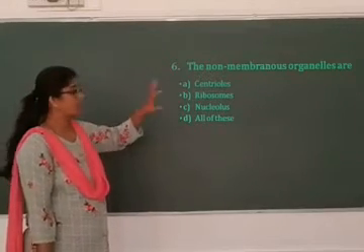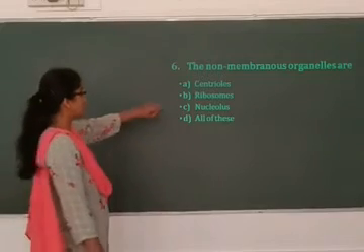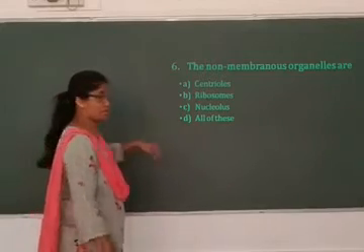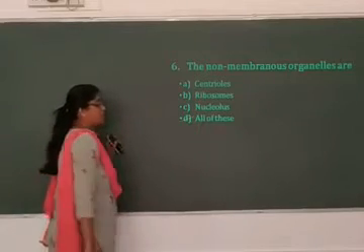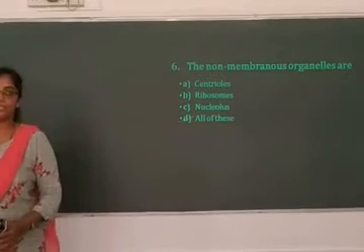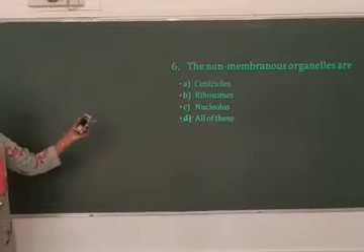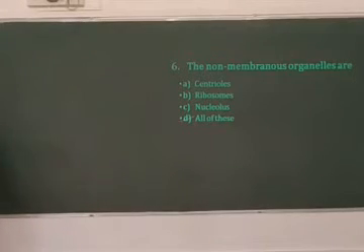So it is also called the ribosome factory of the cell. This is also a non-membrane bound structure. So, since all three are non-membrane bound structures, the right answer is all of these. All the three structures, centriole, ribosome, nucleolus, are non-membrane bound structures.